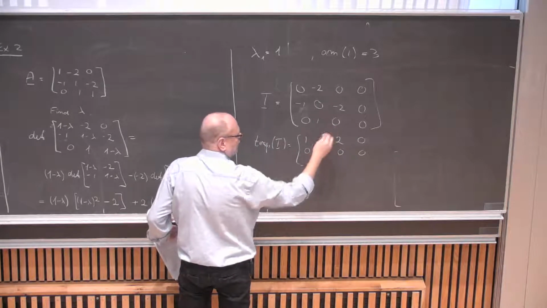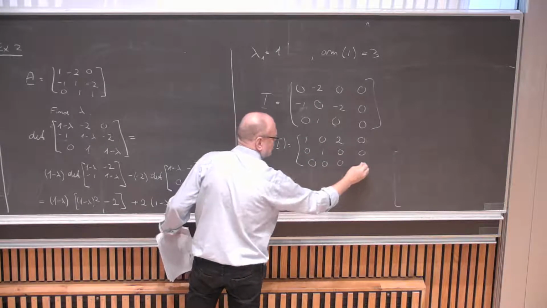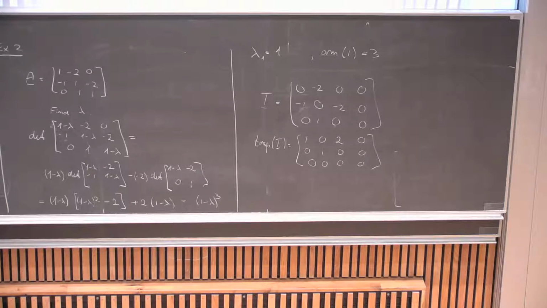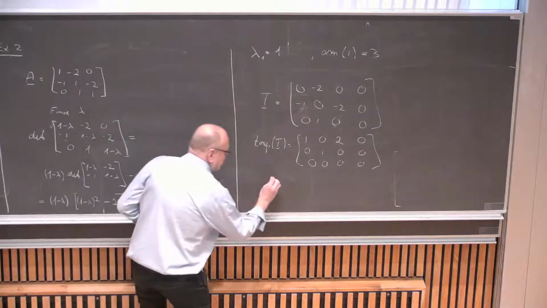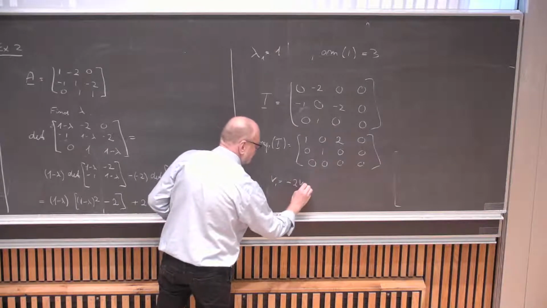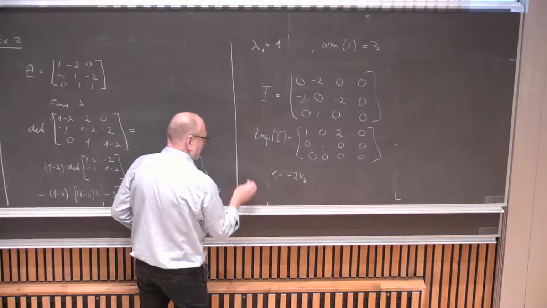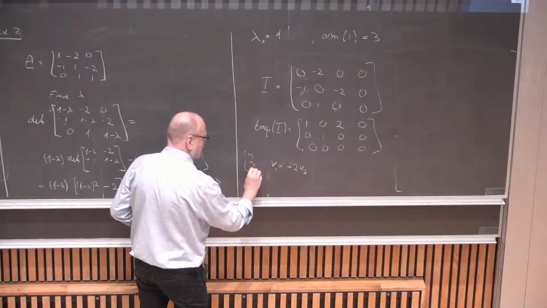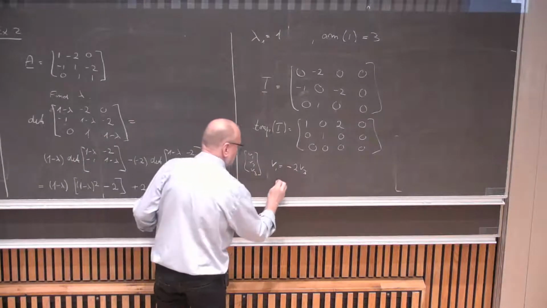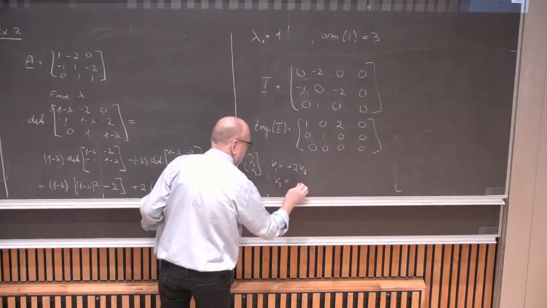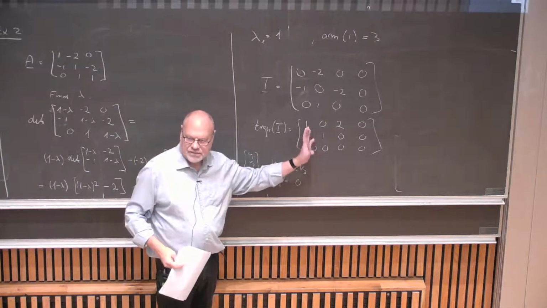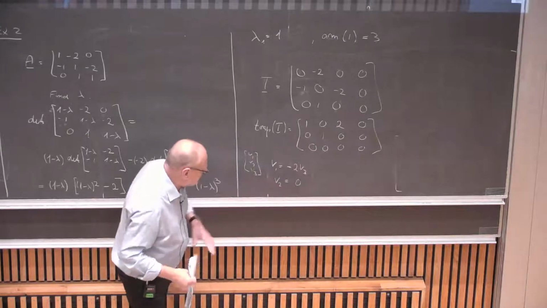And the third one, you can subtract the second one, so you have this matrix here. So you get V1 is equal to minus 2 V3. That is, if you have your V1, V2, V3 coordinates of your eigenvector. And then you have that V2 is equal to 0. So you have one free parameter corresponding to the rank of this matrix being 2. And you have 3 unknowns.